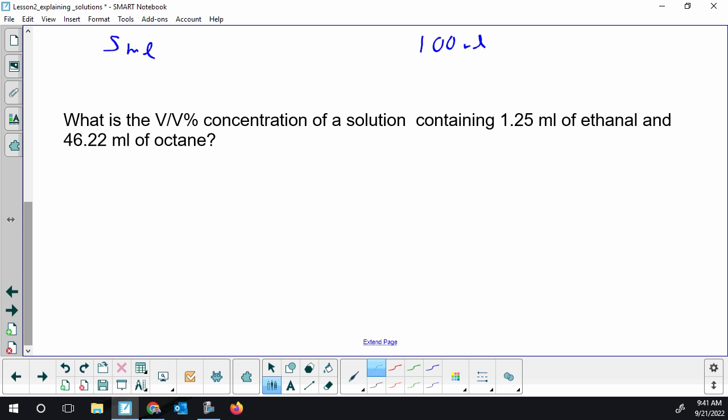So anytime you see a percent, you're thinking of getting a ratio out, just like you do on a test. How many points did I get? Divide by the total. We're going to have to do the same thing. After you get that ratio set up, because it is a percent, you're going to multiply by 100.